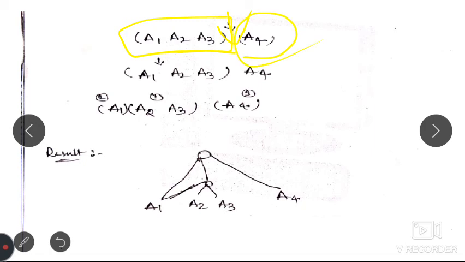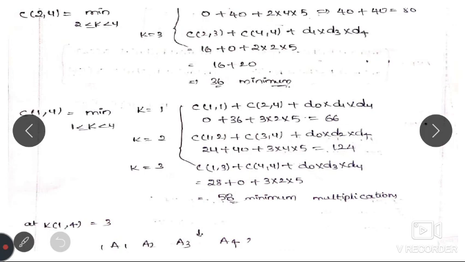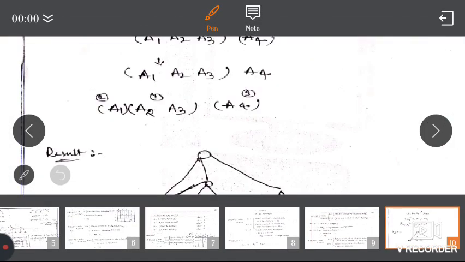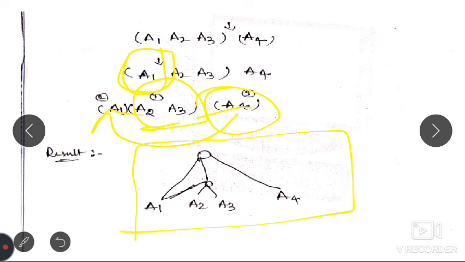For 3 matrices in the k table, k value is 1, so we put a split at the first matrix. First we multiply these 2 matrices, then the result matrix with A4, and the result matrix with A1. So here we show it as a diagram. First we multiply these 2 and the result with this matrix, and the result total with this matrix.